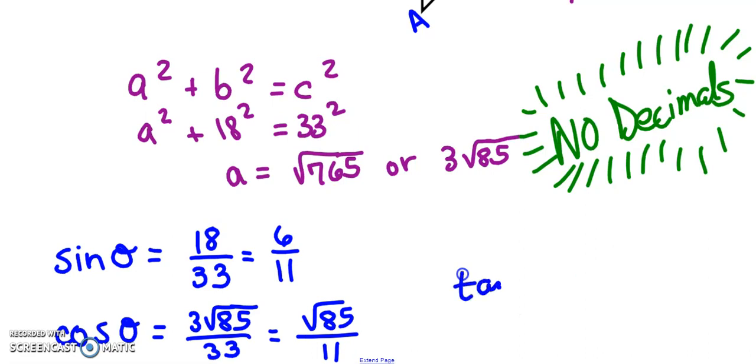Then go ahead and throw tangent over here. That would be the opposite over adjacent, so it's 18 over 3 square roots of 85. And remember here, you cannot have a radical in your denominator. So what do you have to do?